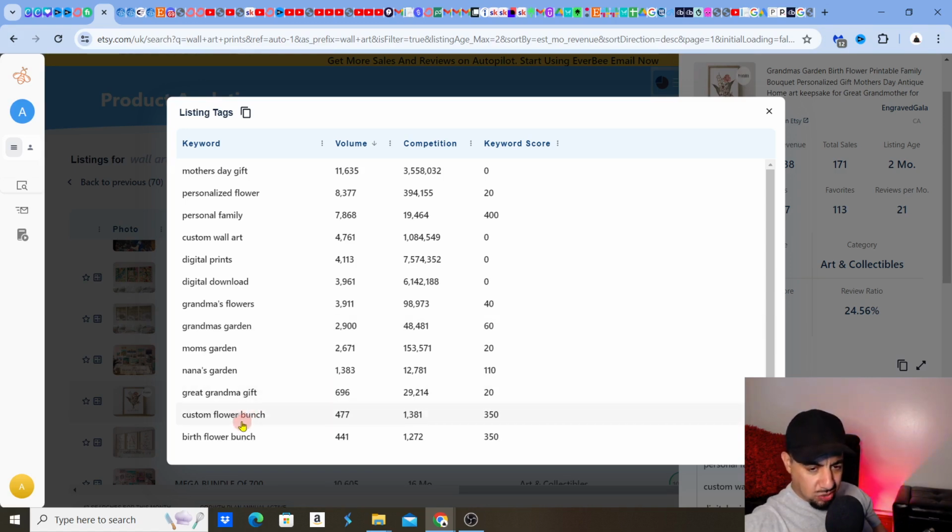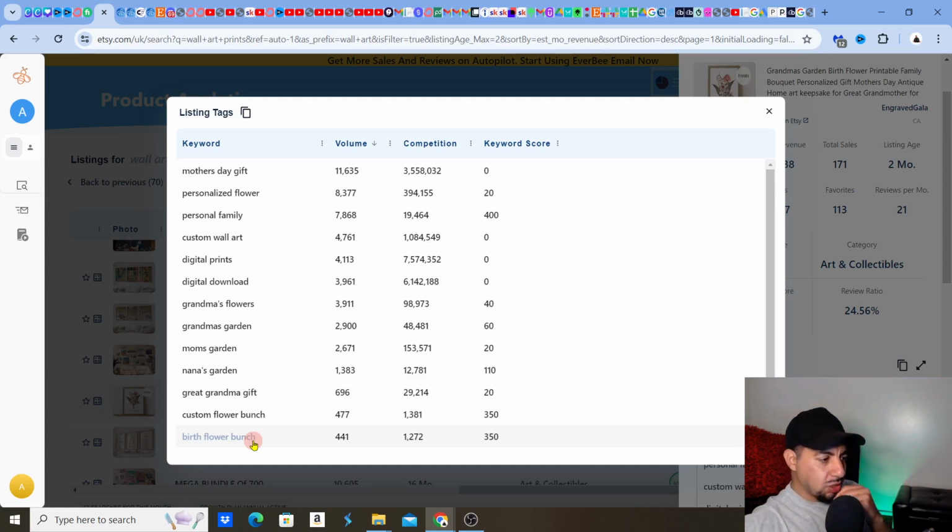Now, here's a very interesting one. Custom flower bunch, right? So people will be searching on the Etsy search bar. They are looking for a bunch of flowers in terms of the design, but a custom one. So custom being they want it for their family possibly. And again, this is another one which is related, and it's called a birth flower bunch. So a birth flower is a representation of the month that you're born in for the flower.